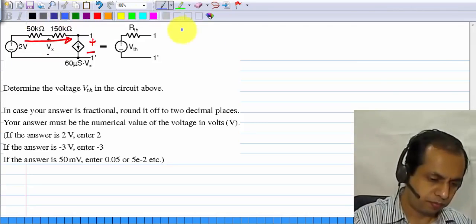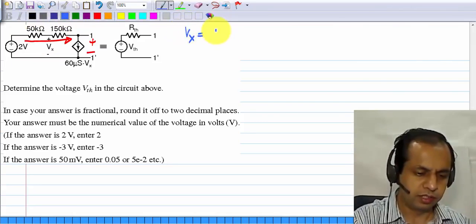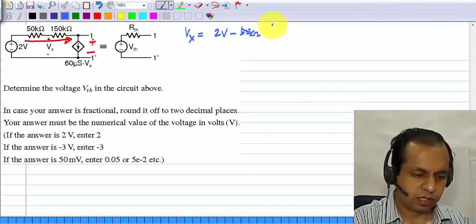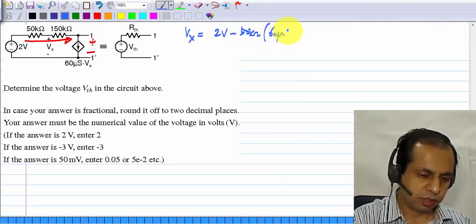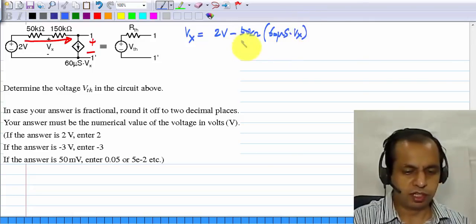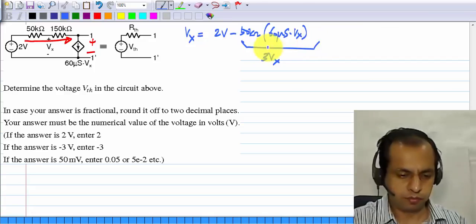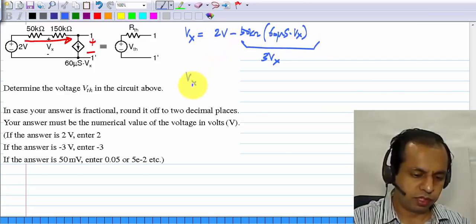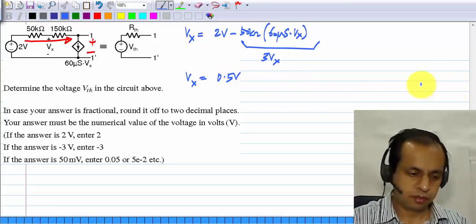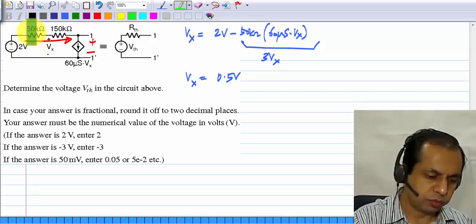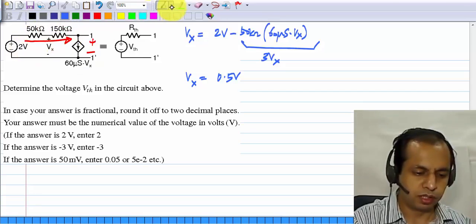So Vx is 2 volts minus 50 kilo ohms times the current, which is 60 microsiemens times Vx, and this product is 3Vx. Okay, so if you solve for this, you will get Vx to be half a volt, and the voltage between these 2 points is 2 volts minus 200 kilo ohms times the current.